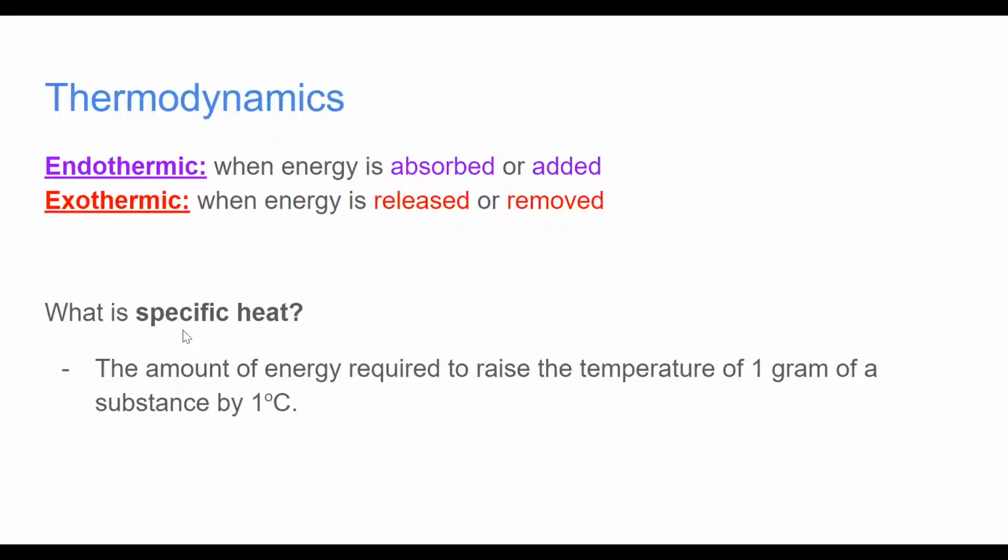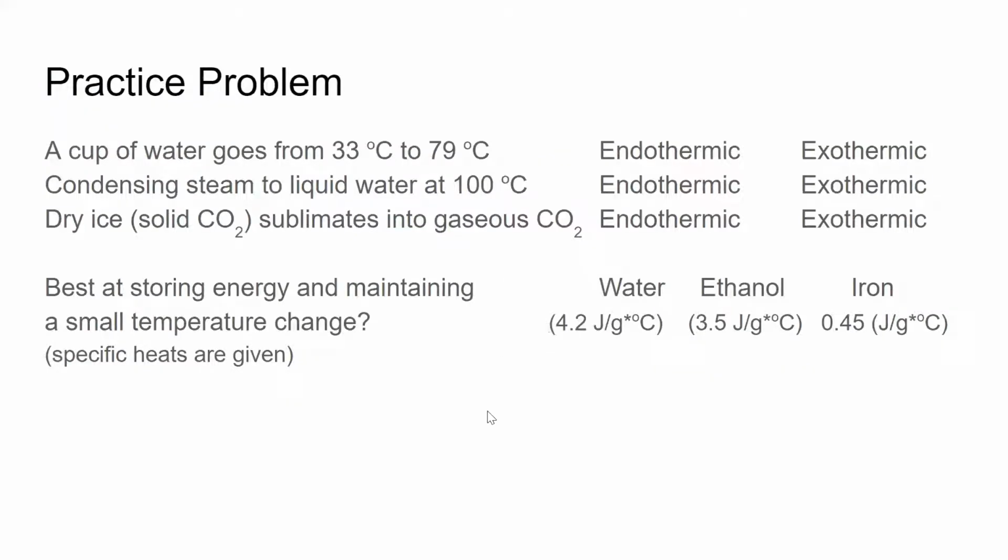So that is how much energy is required to do a phase change, but specific heat is how much energy you need to do a temperature change. Make sure you know the difference between those two, because on your exam, Dr. E will give you these numbers and you'll have to memorize the equations. But if you don't know where to plug in those numbers, it's going to be very difficult to solve these equations. So let's try a practice problem.